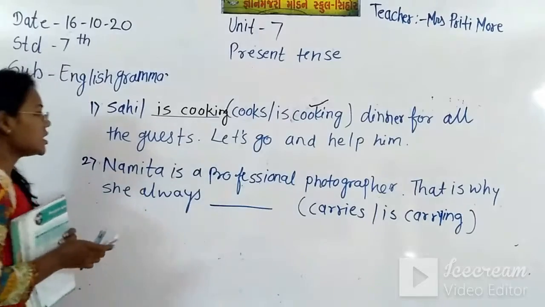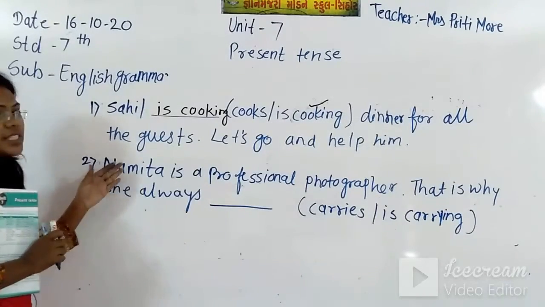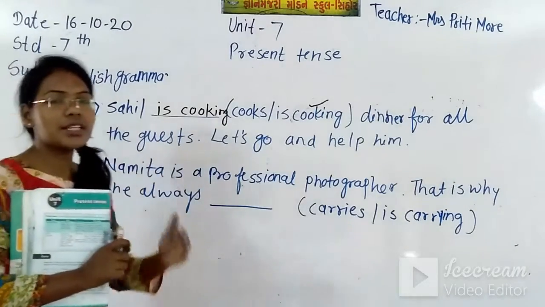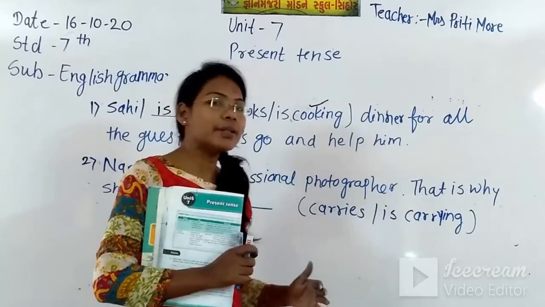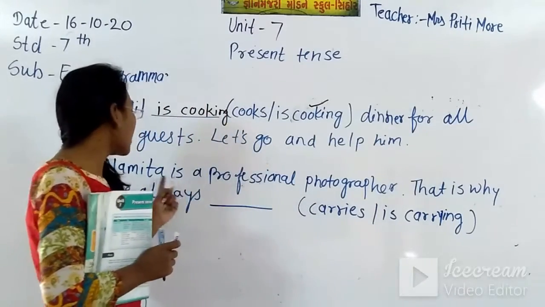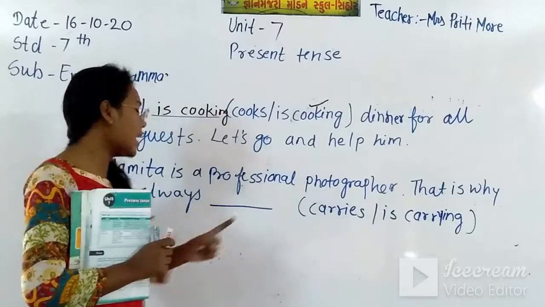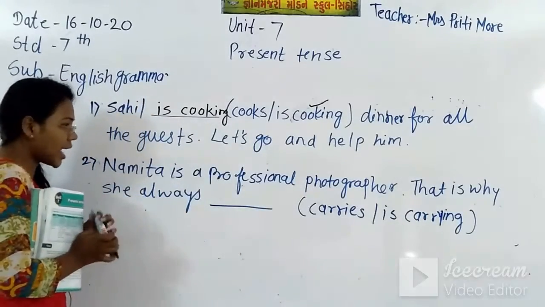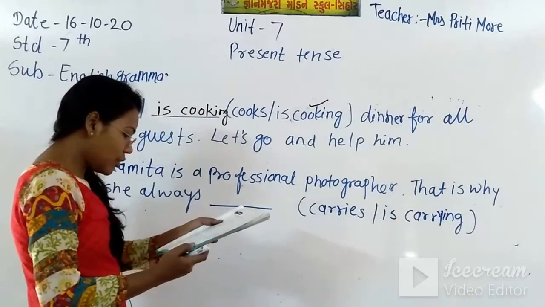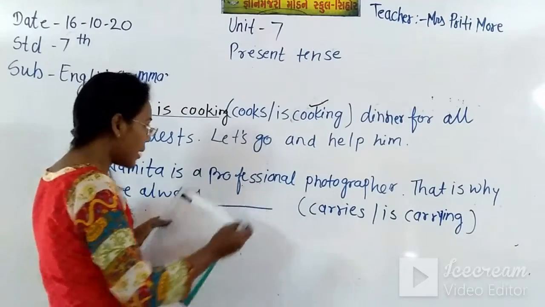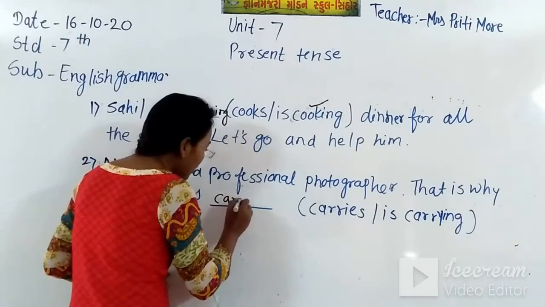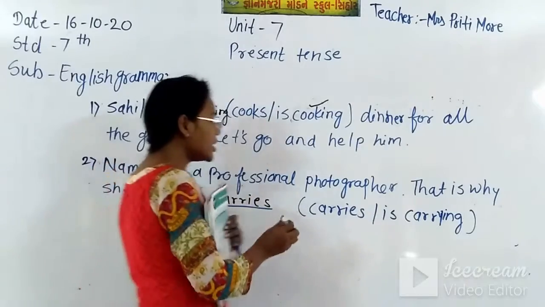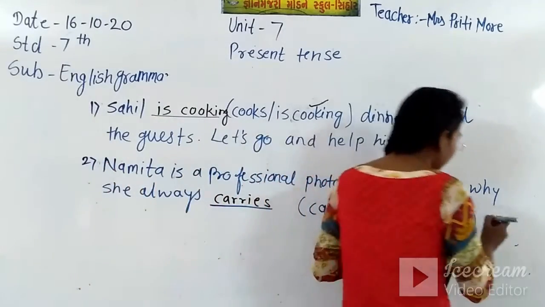Now Namita is a professional photographer. That means this is the general truth, and to say the general truth we use simple present tense. Namita is a professional photographer. That is why she always carries a camera. So what will come here? Carries a camera.